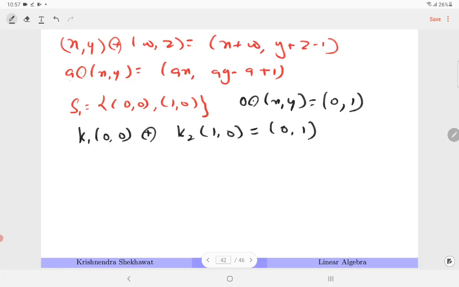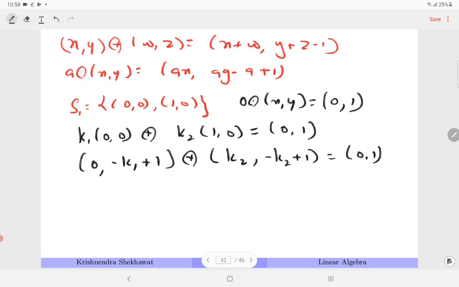Now k1 dot 0 comma 0, so x and y are 0. So the first entry is 0, then minus k1 plus 1. Then k2 dot 1 comma 0: ax, so x is 1 and a is equal to k2, then y is 0, so minus k2 plus 1.